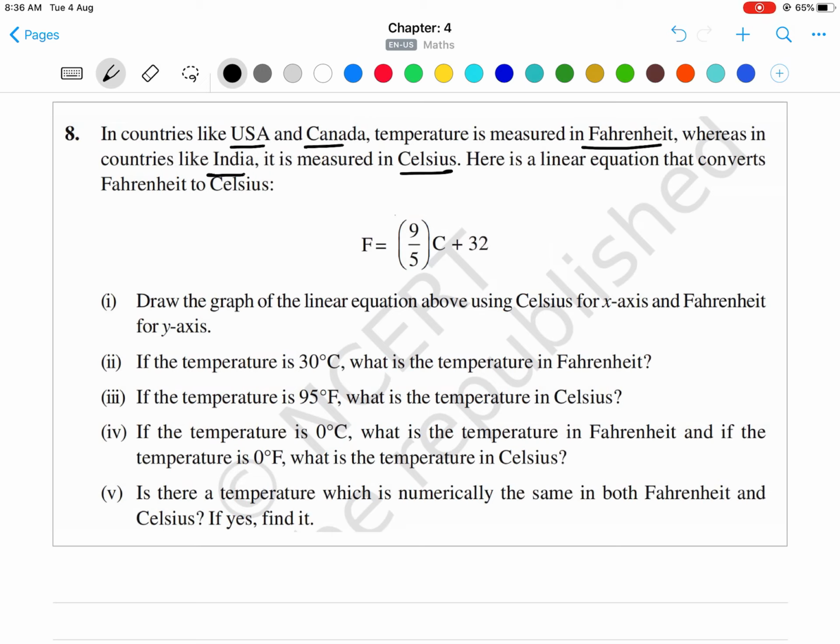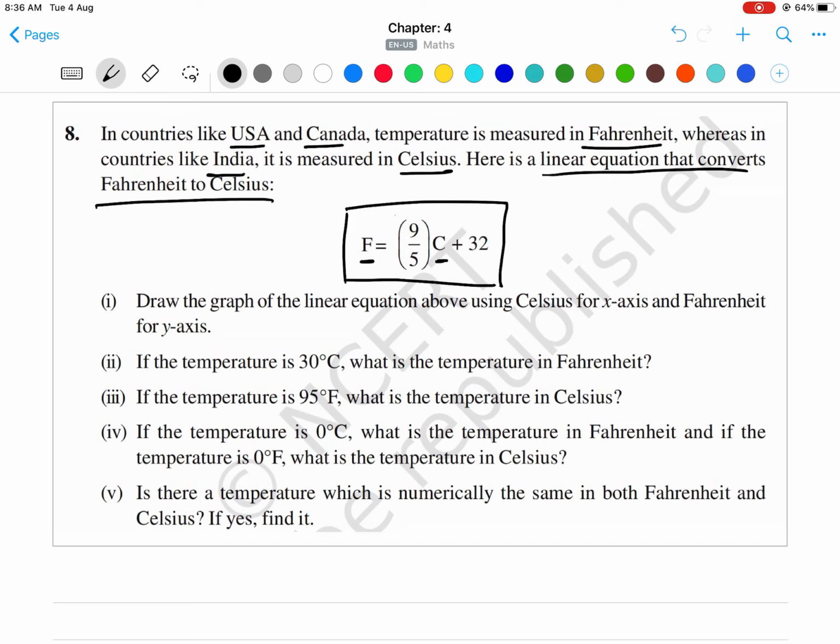We are given here a linear equation that converts Celsius to Fahrenheit. This is the standard equation with the help of which you can convert the temperature from Celsius to Fahrenheit, which is F equals 9/5 into C plus 32. F here is the Fahrenheit reading and C here is the degree Celsius reading.